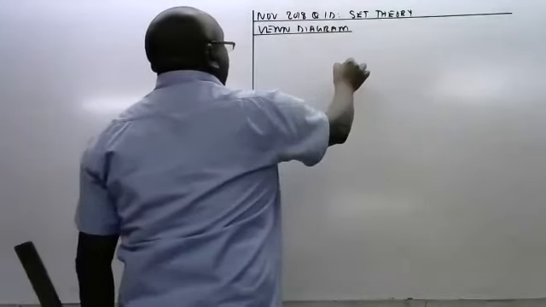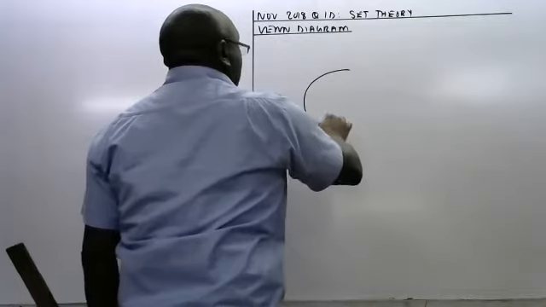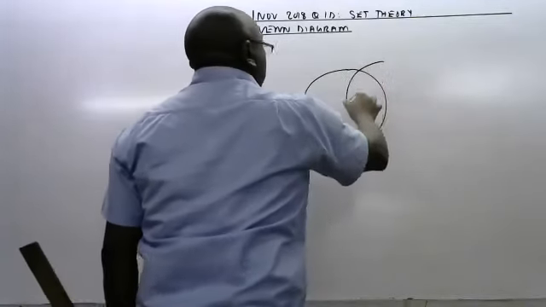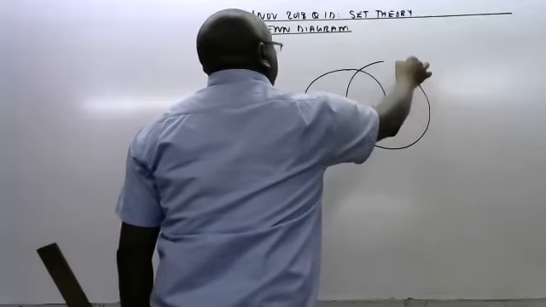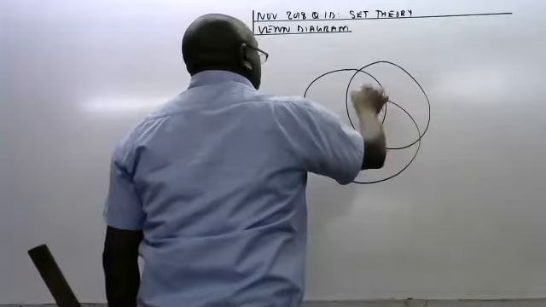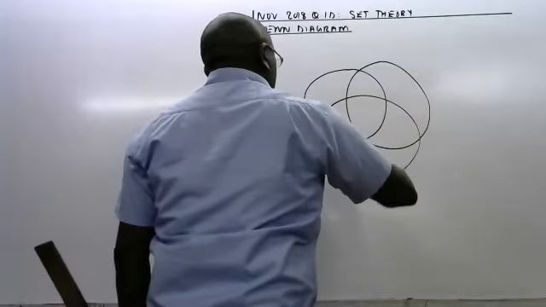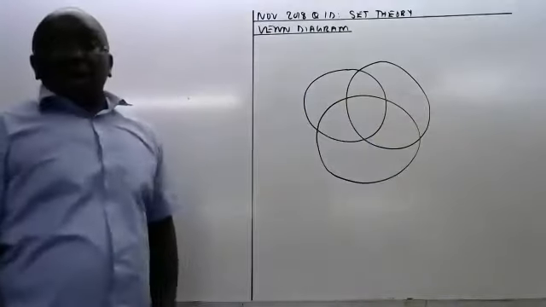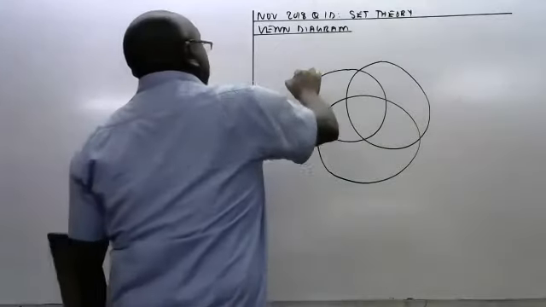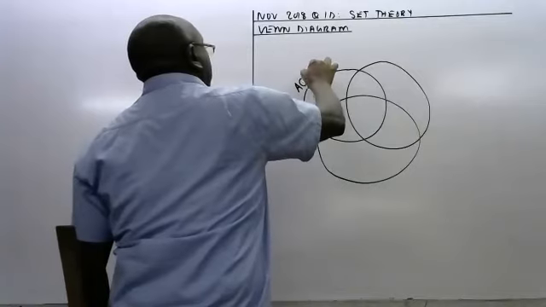So the Venn diagram, we have 3 items there. We have 3 courses. So the courses are accounting. This is accounting.